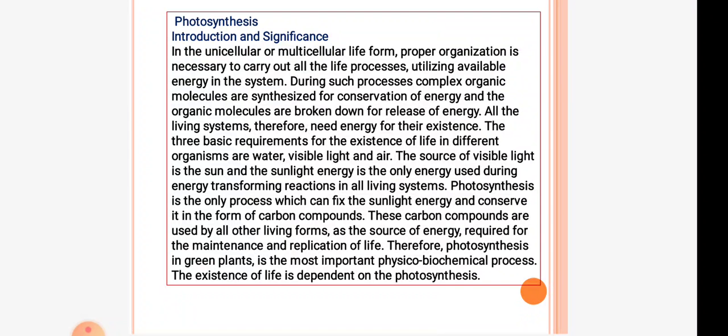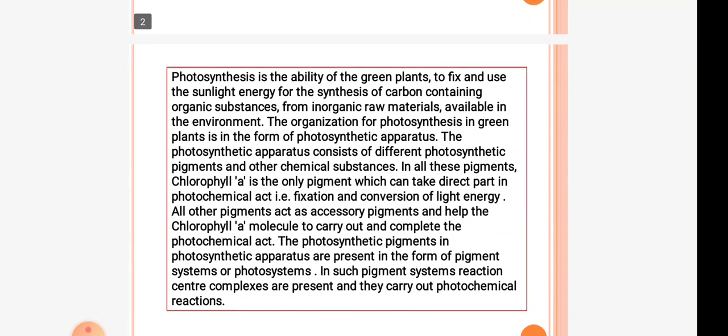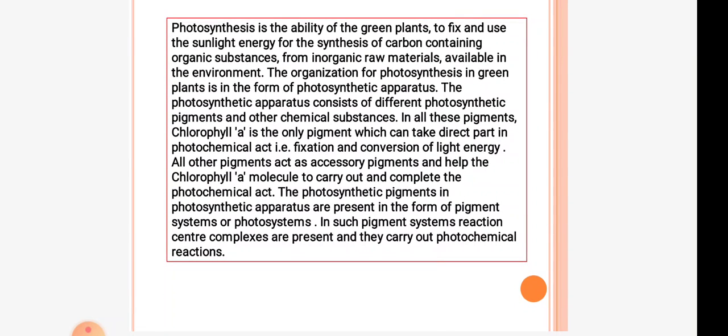The existence of life is dependent on the photosynthesis. Photosynthesis is the ability of the green plants to fix and use the sunlight energy for the synthesis of carbon containing organic substances from inorganic raw materials available in the environment.